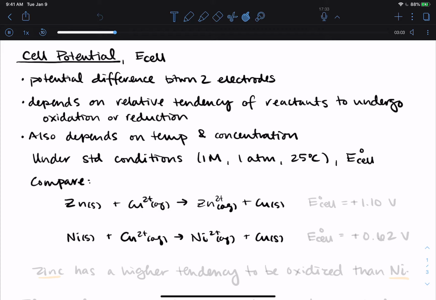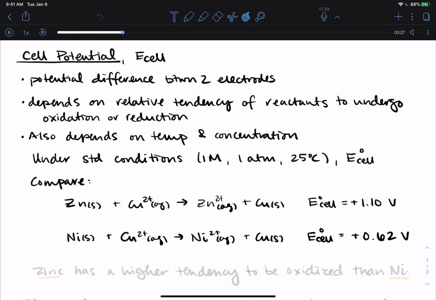The first reaction of zinc with copper 2 plus, the standard cell potential is plus 1.10 volts, and for nickel solid with copper 2 plus, the standard cell potential is plus 0.62 volts.